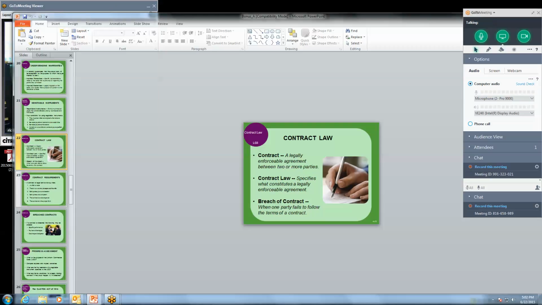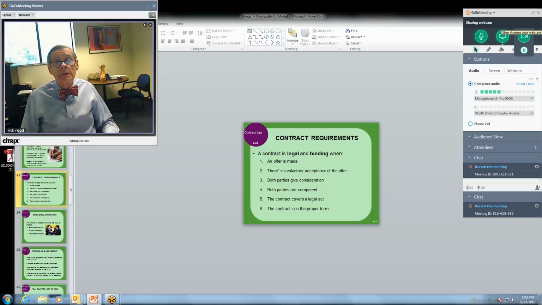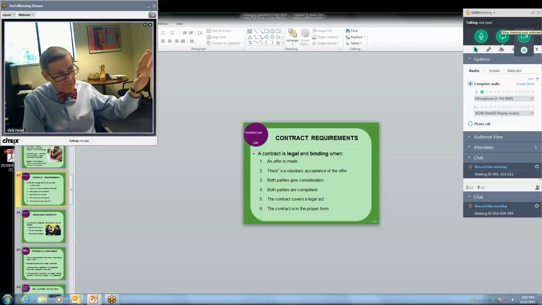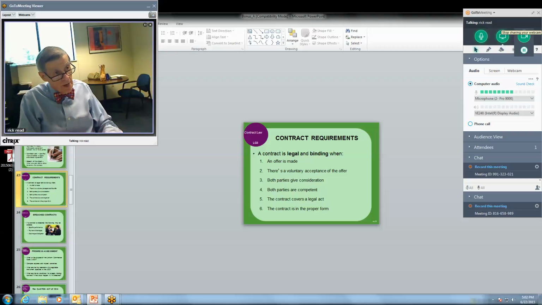Now, here are the requirements for the contract. And the first thing is somebody has to make an offer. And then the other person who is going to get into this agreement has to accept that. So I offer X, and you say, okay, I'll take X. There's some consideration. Now, consideration can be money, it can be property, it can be any number of things, but there has to be some consideration.